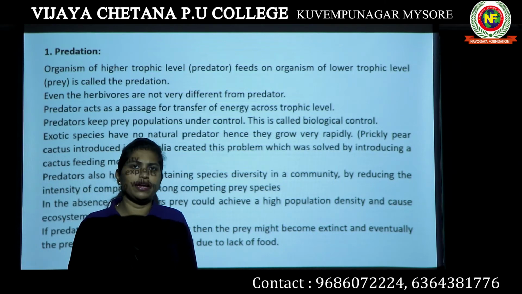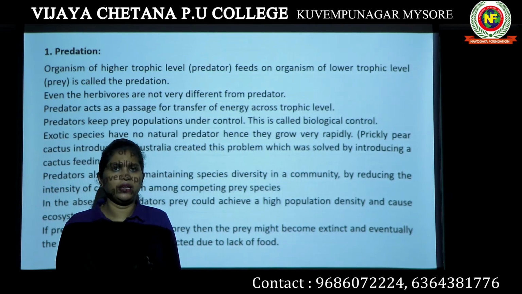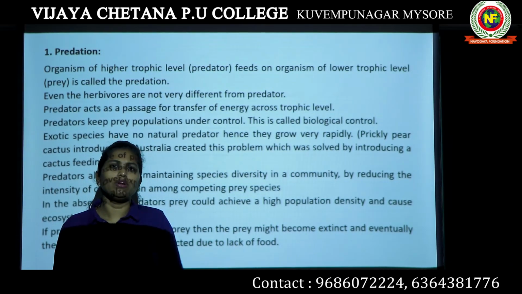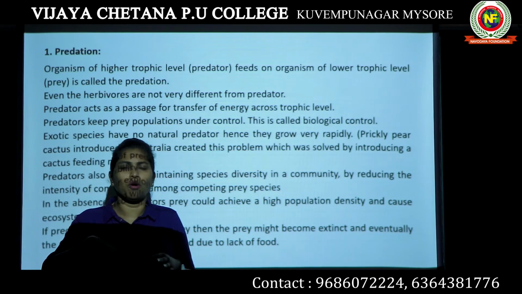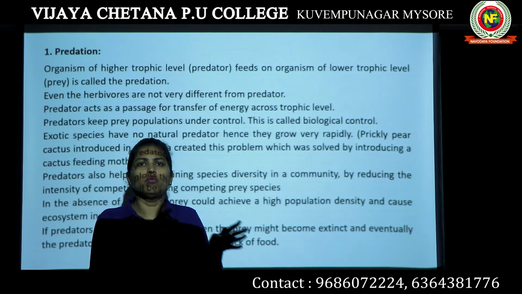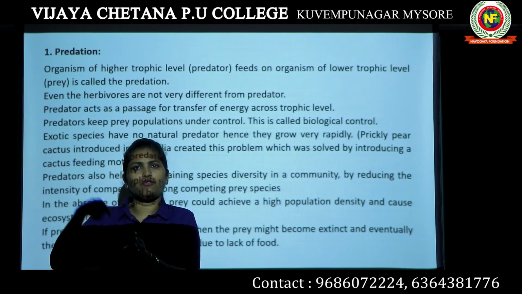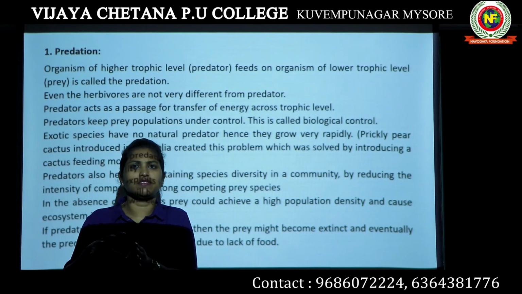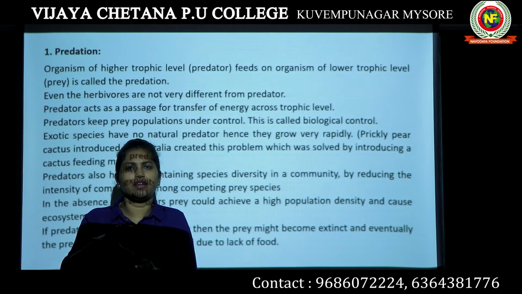Hope you are able to get my point. There are 100 deer in one particular locality in a population, and there are only certain plants on which these deer can feed. Then there will be too much competition within this deer population as to who will go and eat that particular plant. Now if there is a predator for this deer, that means a tiger is coming and killing almost 50 deer, then the competition level decreases.